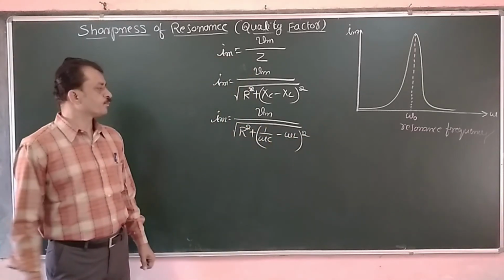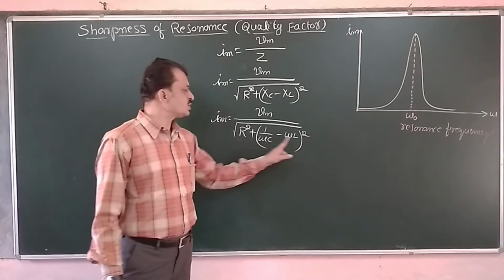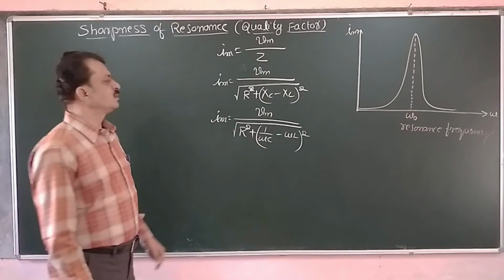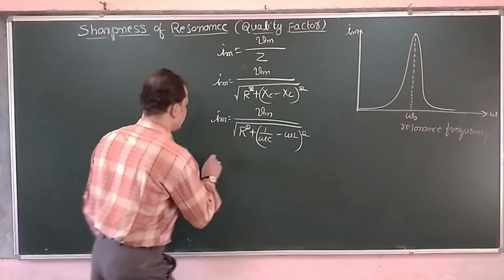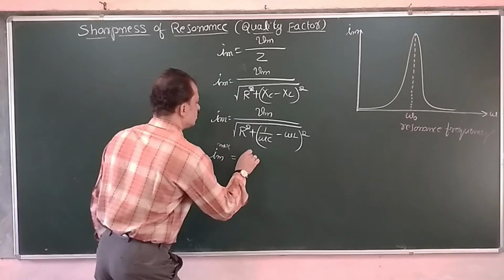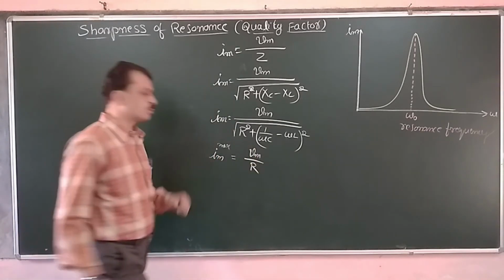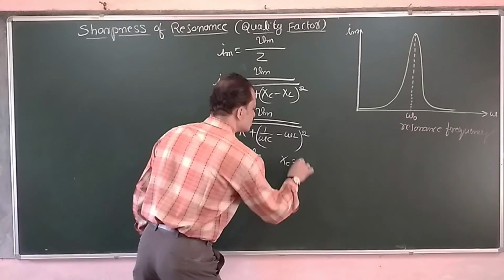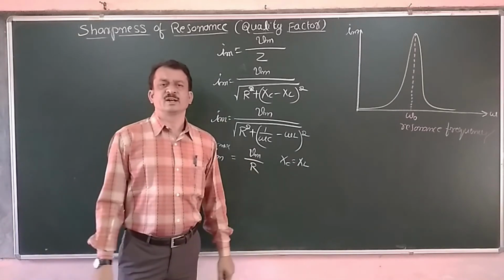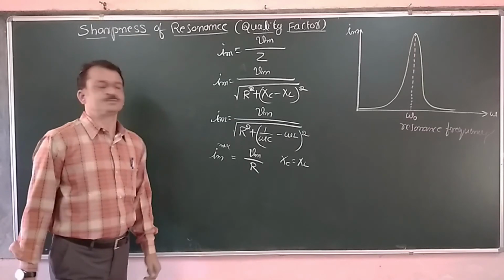Now current is maximum only when these two terms are equal and opposite and hence get cancelled. Therefore, Im maximum is equal to Vm by R. This is obtained only when Xc is equal to XL. That is the condition of resonance. The capacitive reactance should be equal to the inductive reactance.